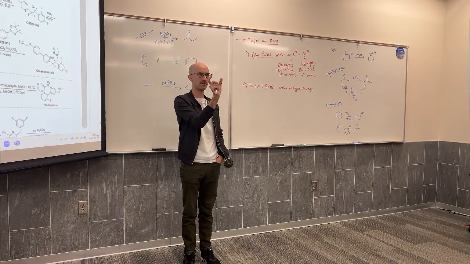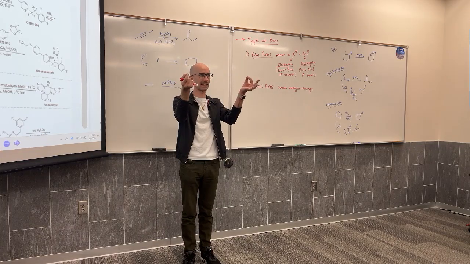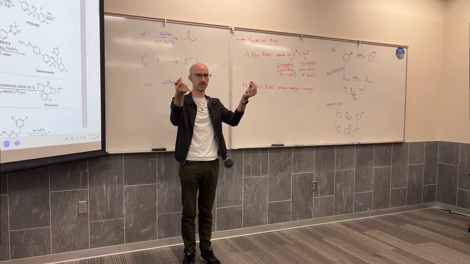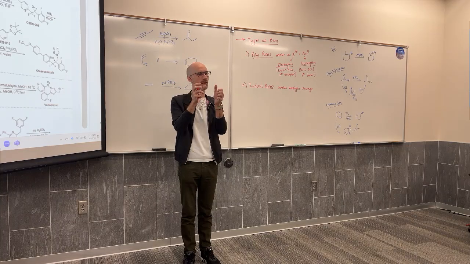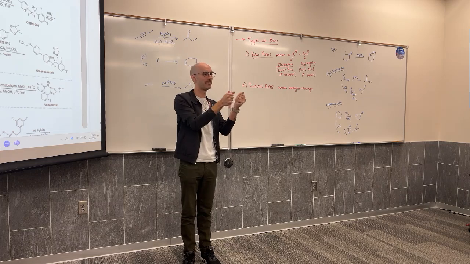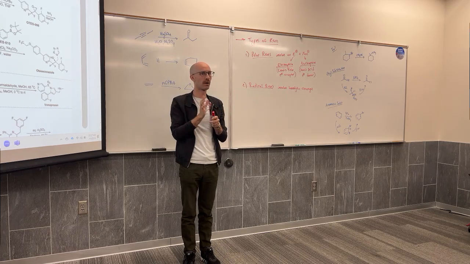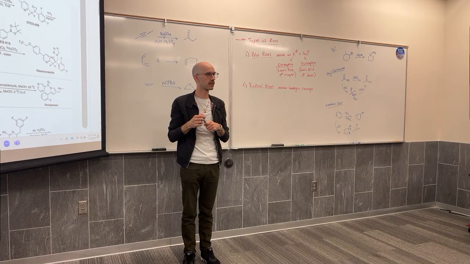It's when a bond, two electrons, cleaves homolytically in equal directions. In polar reactions, bonds cleave heterolytically. One atom takes the electrons from a bond. Which atom takes the electrons when a bond breaks? The more partial negative atom.